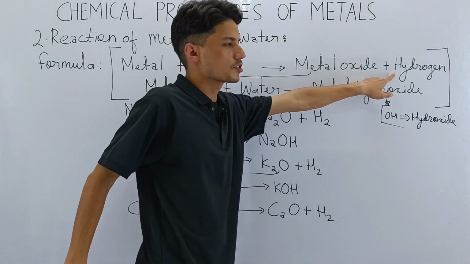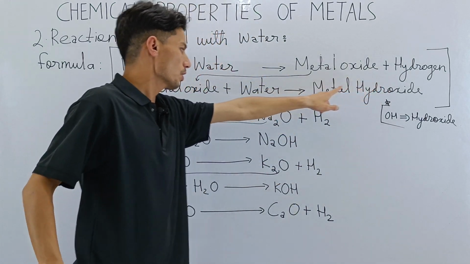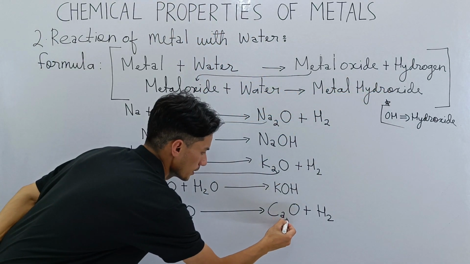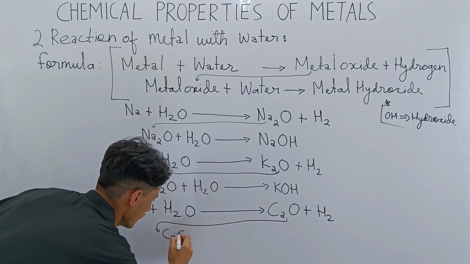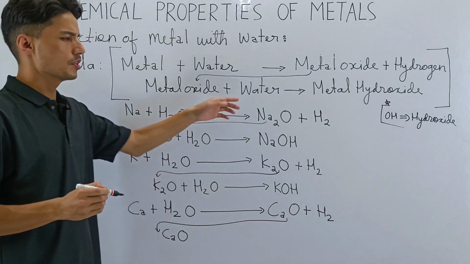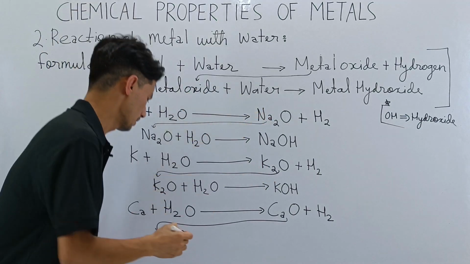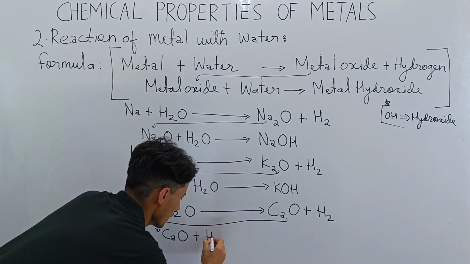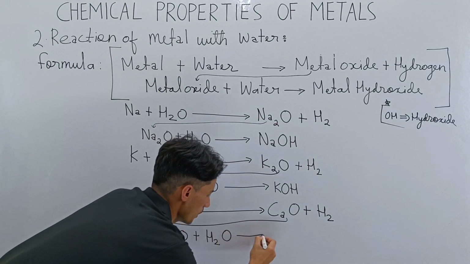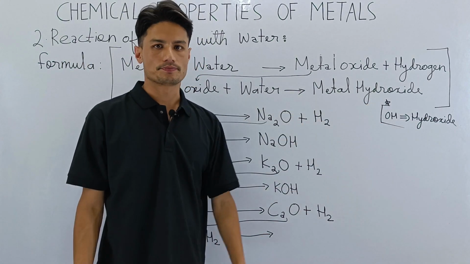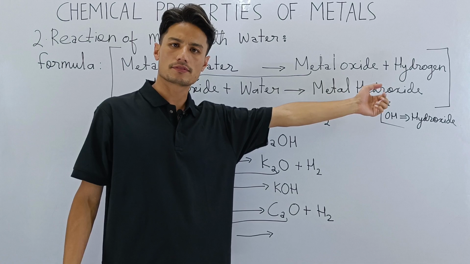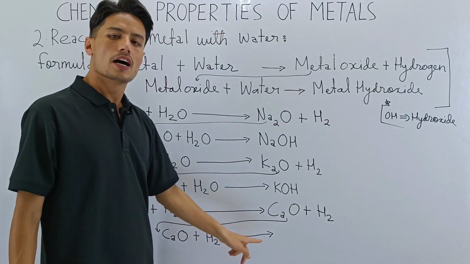We are still in the first line only. Now we go to the second line. We take the metal oxide, which is CaO, and we write here CaO. And what do we do? Just follow the formula, plus water, H2O. And what will you get? You should be getting the metal hydroxide, calcium hydroxide.